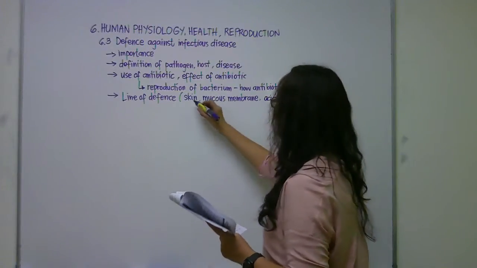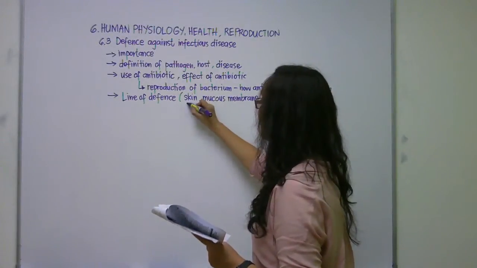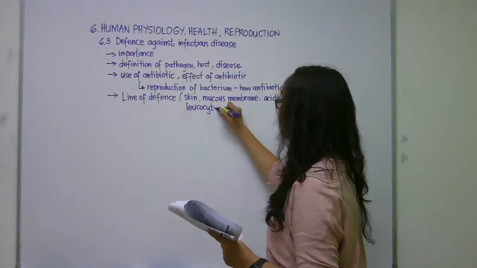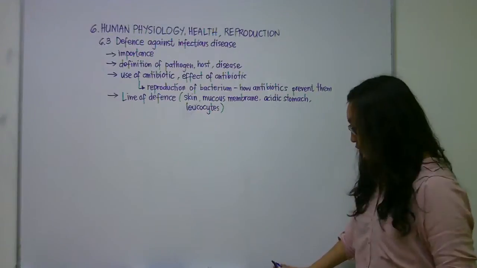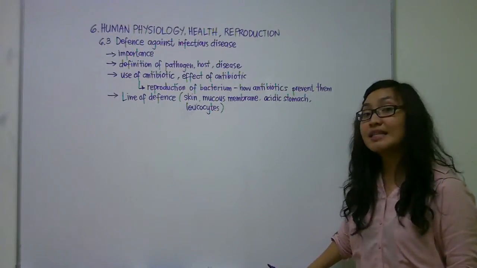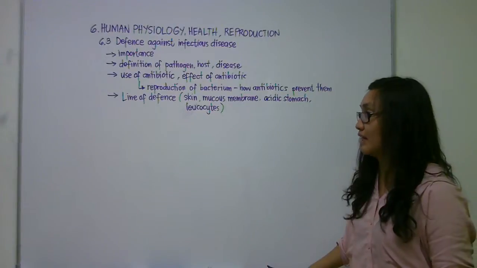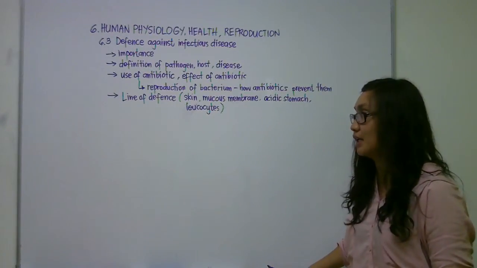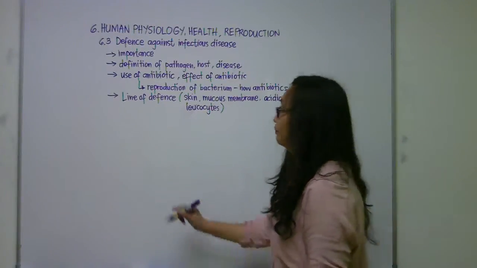Last but not least, we have to include the leukocytes, or the white blood cells. White blood cells are one of the blood cells used for defense. We have to indicate that leukocytes have two different kinds: the phagocytes and the lymphocytes.